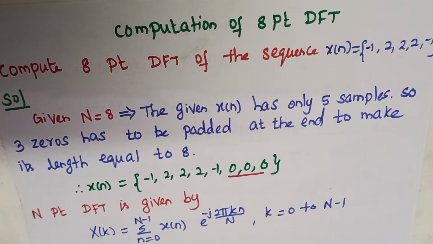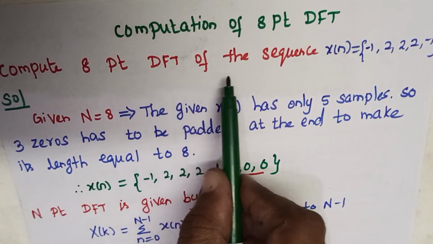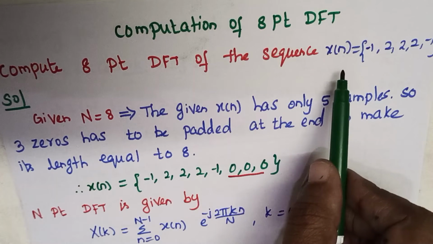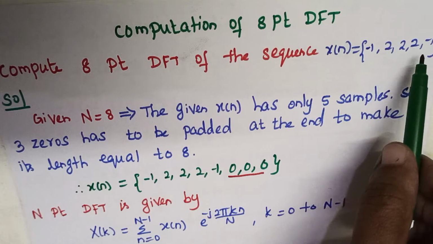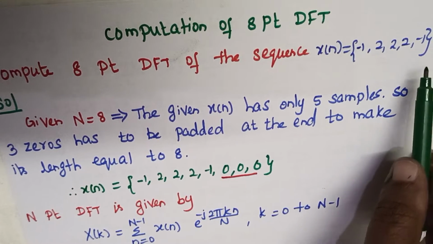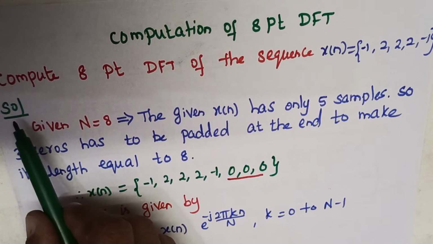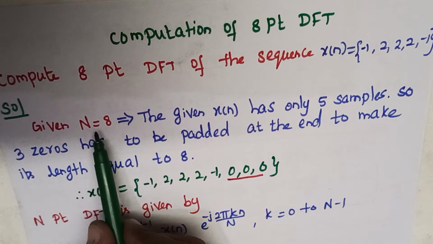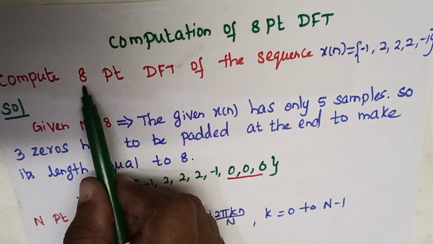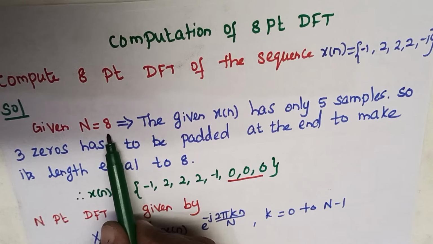The statement of the problem is: compute 8-point DFT of the sequence x of n equal to -1, 2, 2, 2, -1. Starting with the solution, here the given value of N is 8. Since it is mentioned in the problem that it is 8-point, we have to consider N equal to 8.